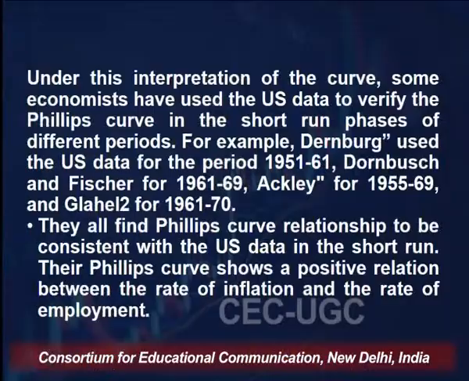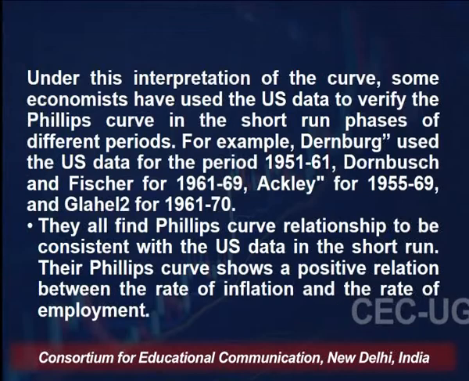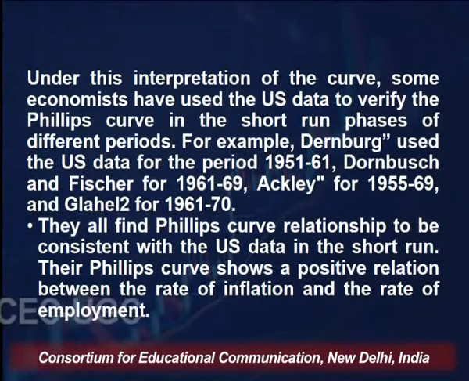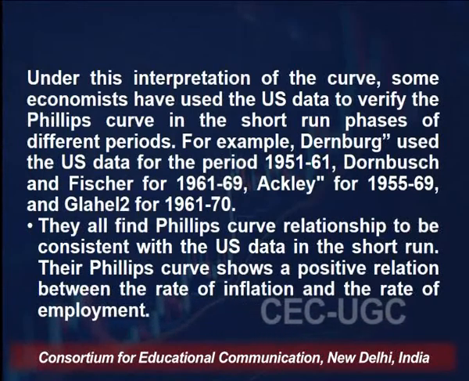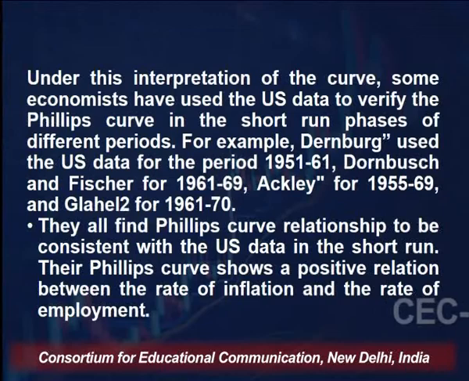Now, under this interpretation of the curve, some economists have used US data to verify the Phillips curve in the short run phases of different periods. For example, Dernberg used the US data for the period 1951 to 61, Dornbusch and Fisher for 1961 to 69, Ackley for 1955 to 69, and Glahe for 1961 to 70.